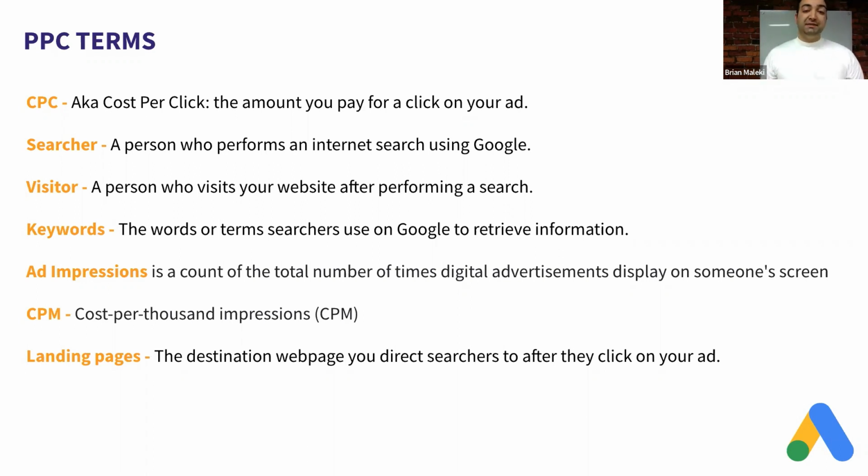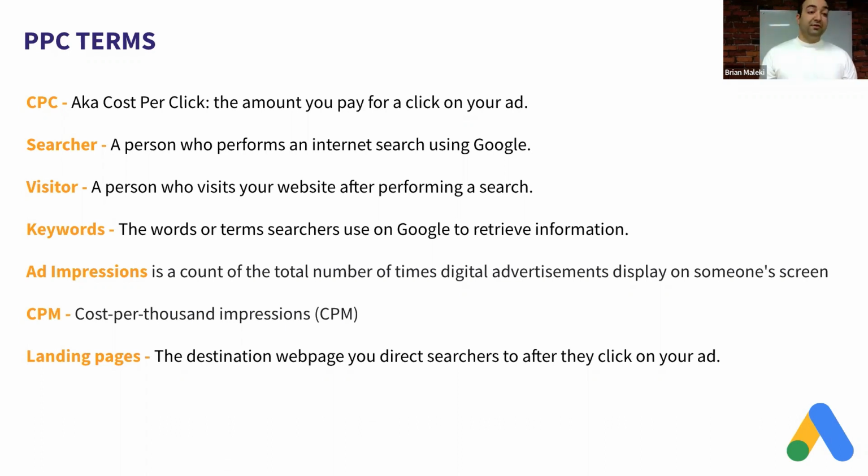If your CPC is $1, you can expect to have 20 clicks, because your CPC, cost per click, is $1.